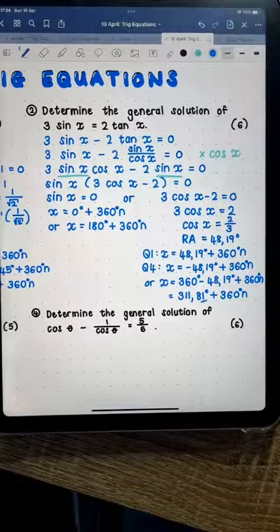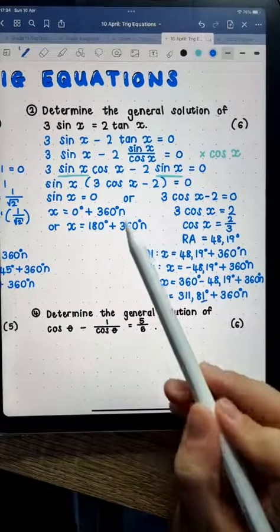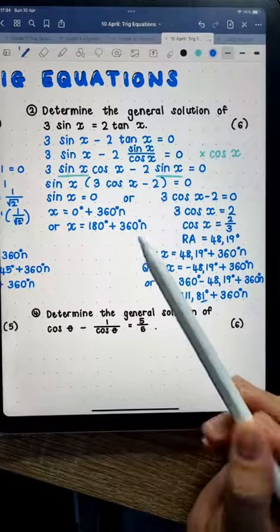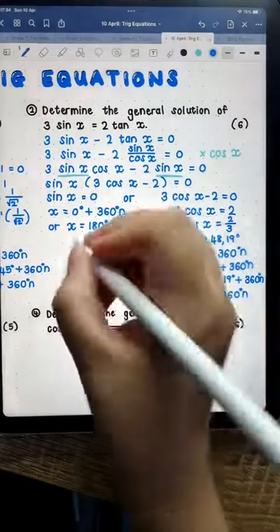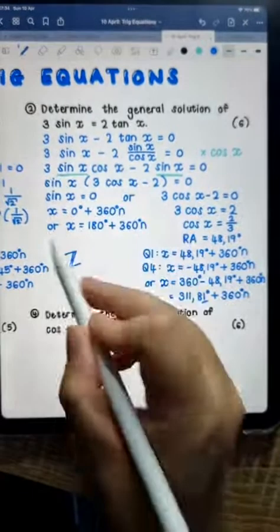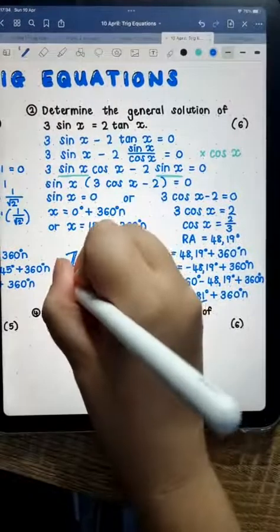Okay, you can decide. So someone asked what the n element of z means. That means that this n variable, or k, as quite a lot of teachers use, that we are introducing here. Remember z, this symbol, is the symbol for integers.